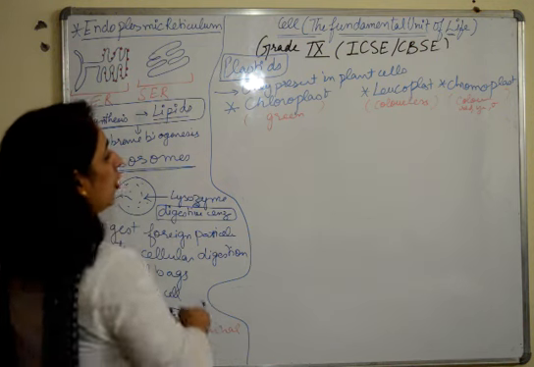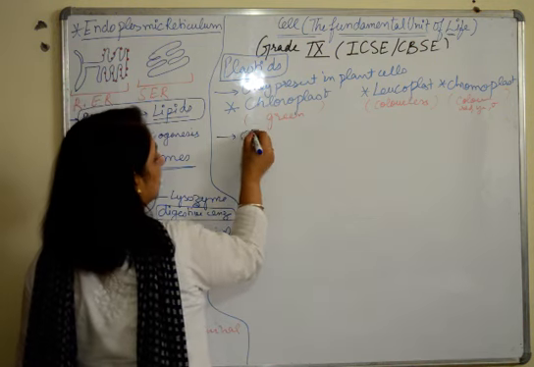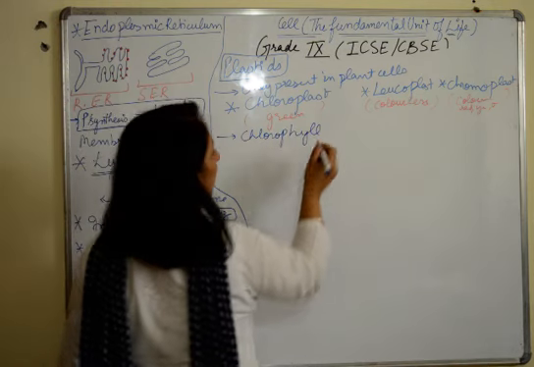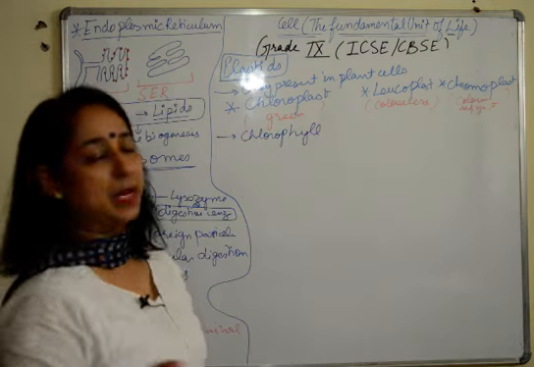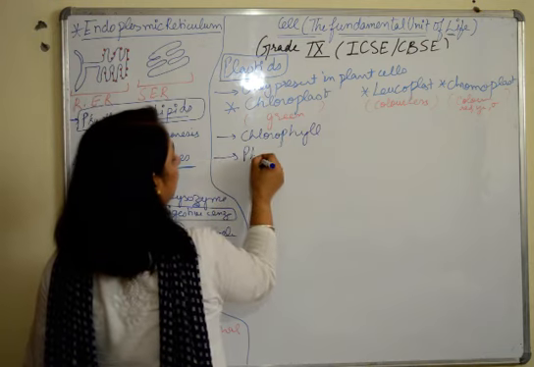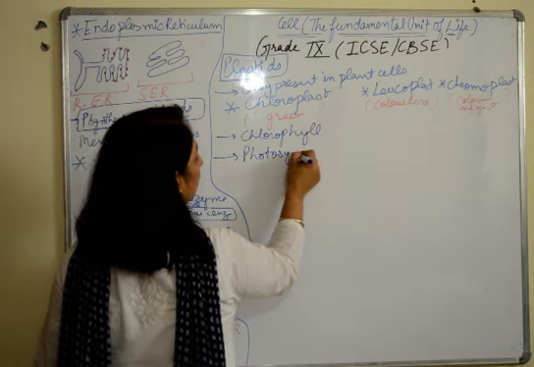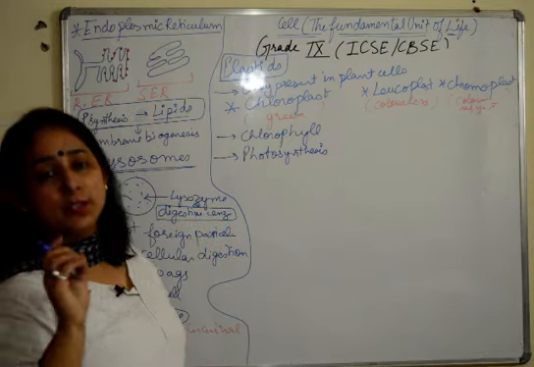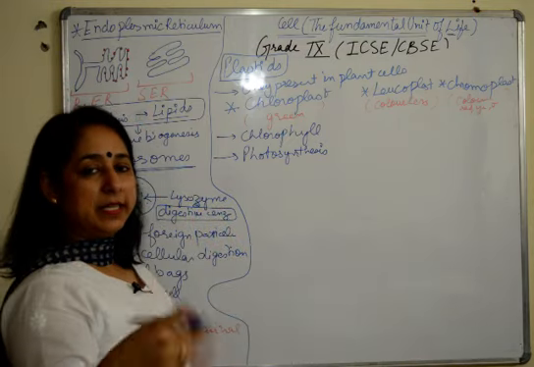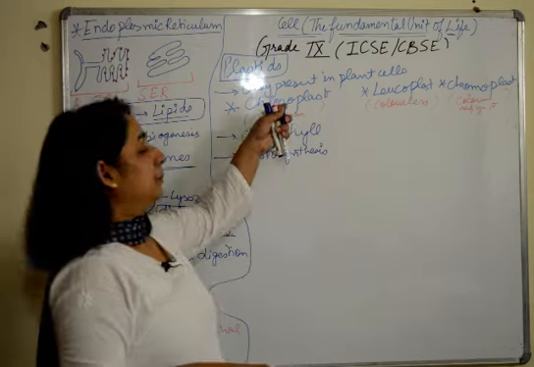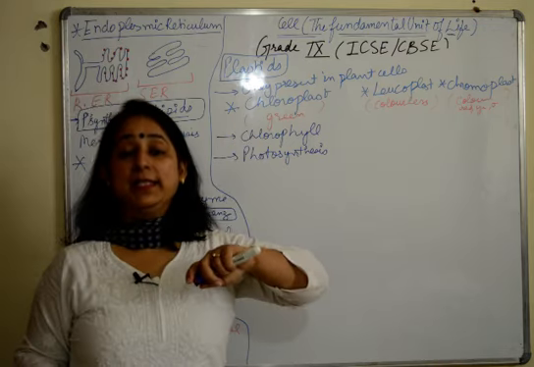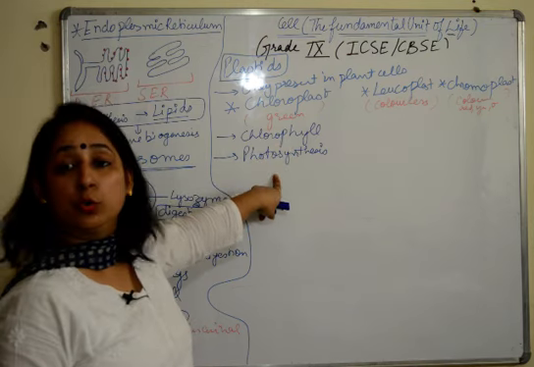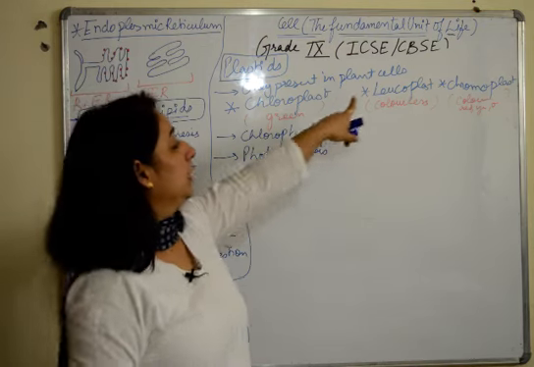Chloroplast is the plastid which has a pigment, chlorophyll, which gives green color to the plant and is responsible for photosynthesis. All the green parts of the plant, be it leaves, green stems, wherever, the plastid present is chloroplast. It has a pigment known as chlorophyll which helps in photosynthesis in the plant.